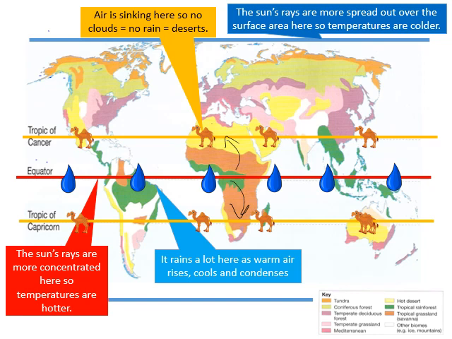As the clouds have lost all of their rain along the equator, when they move north and south, they sink. Now, as air sinks, it starts to warm up because it's moving closer to the surface of the ground, which means that it won't be able to cool and condense. So that is why we find deserts along the Tropic of Cancer and the Tropic of Capricorn.